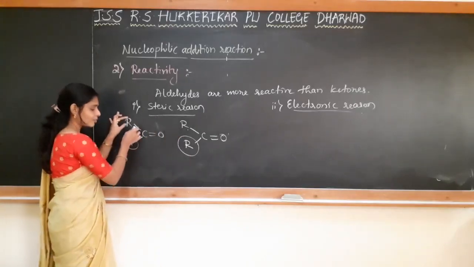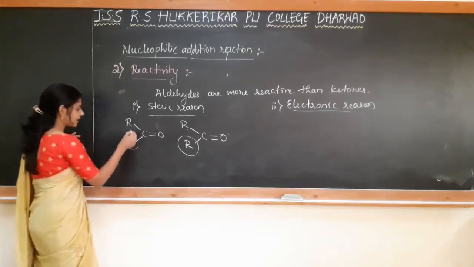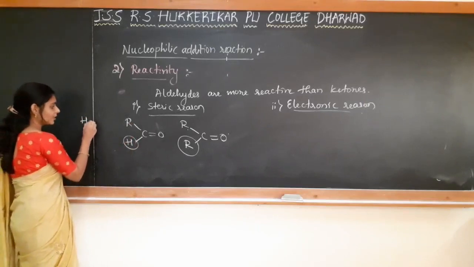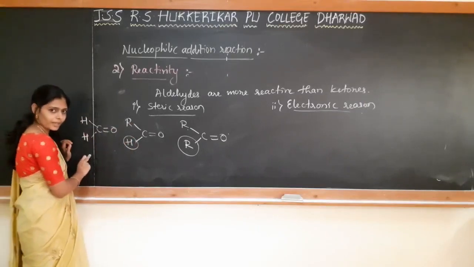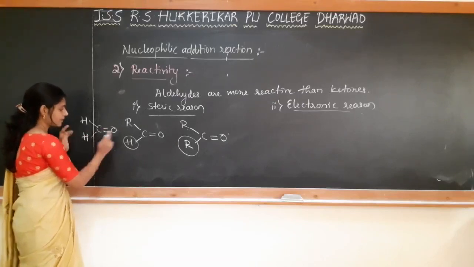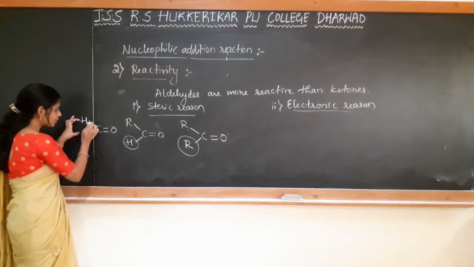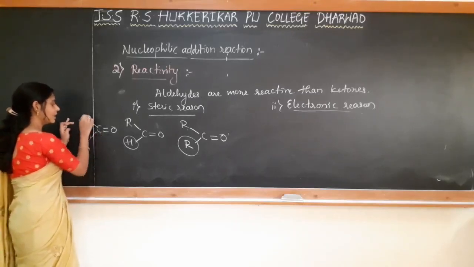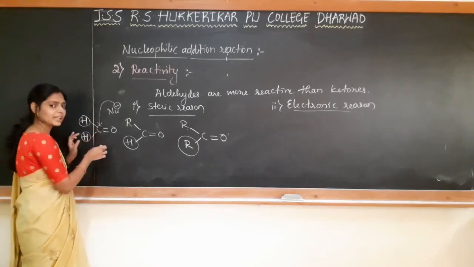If these are smaller groups, then the nucleophile easily comes and attacks. If instead of R, I have HCHO here, HCHO is an aldehyde, right? This is formaldehyde. When you compare another aldehyde with formaldehyde, as the two atoms attached to the carbonyl carbon are both smaller, the nucleophile attacks the carbonyl carbon very easily.